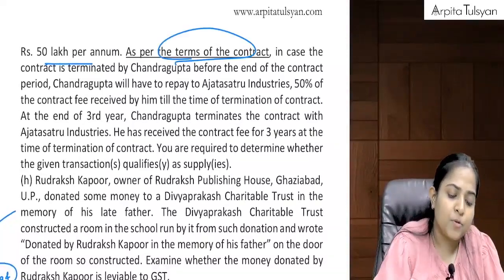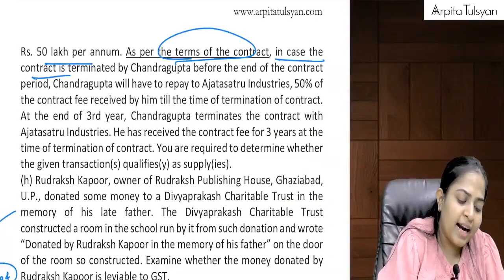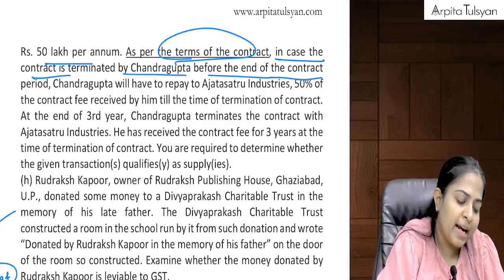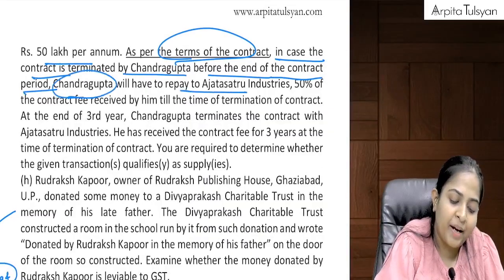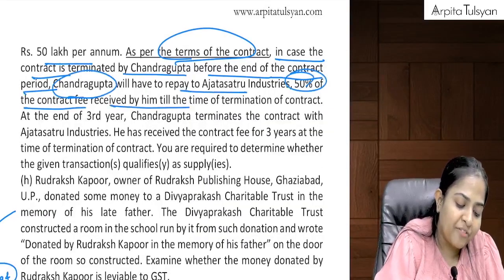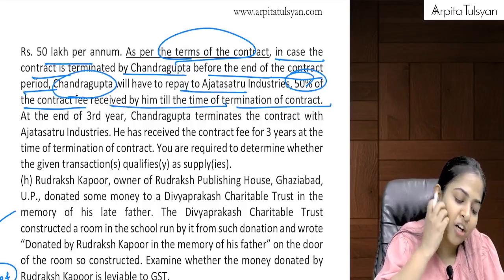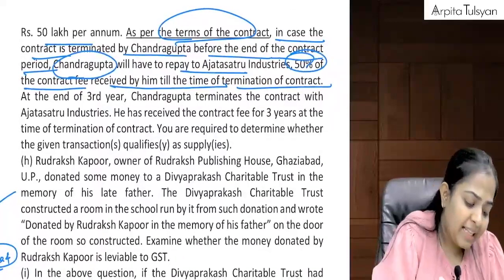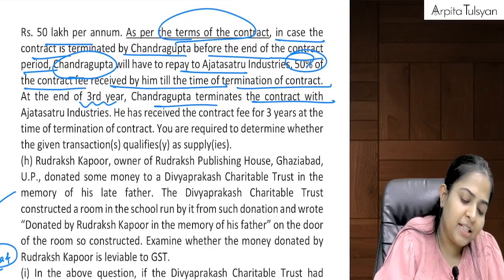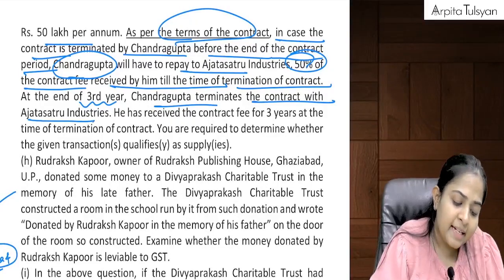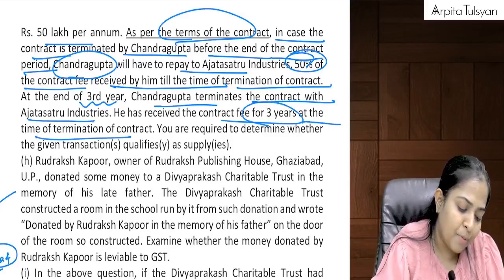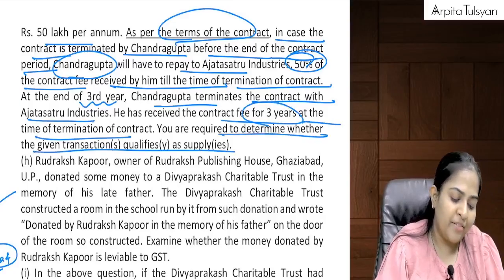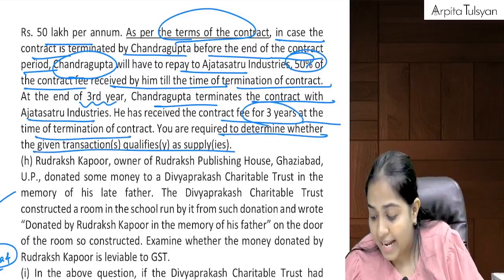If the contract is terminated by Chandragupt before the end of the contract period, he will have to pay 50% of the contract fee received till termination. At the end of the third year, Chandragupt terminates the contract. He received the contract fee for 3 years. You are required to determine whether the given transaction qualifies as supply.